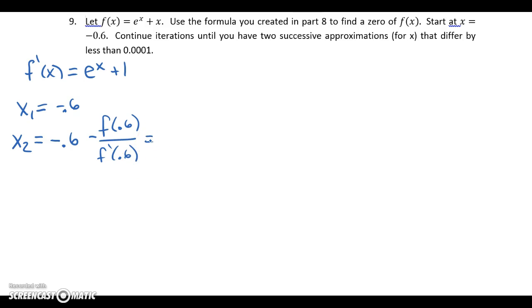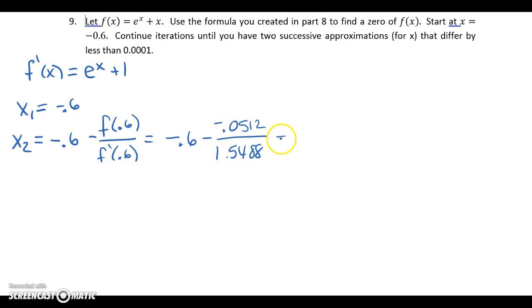Plugging into our functions, this gives us negative 0.6 minus negative 0.0512 divided by 1.5488.